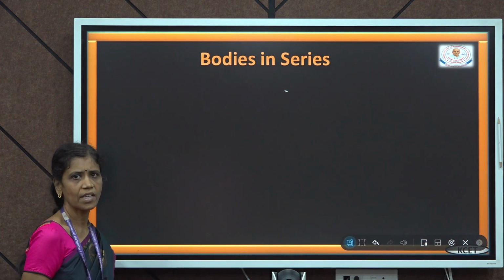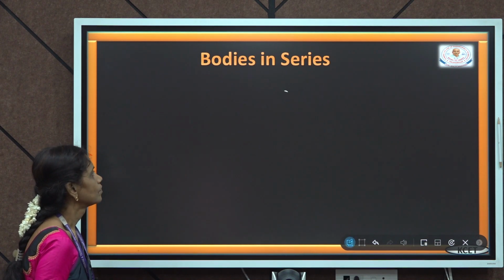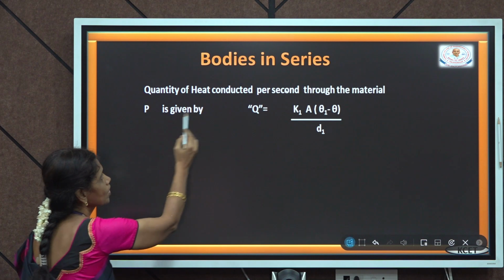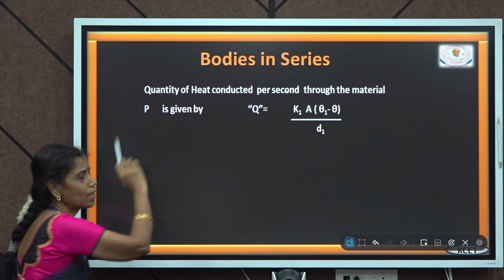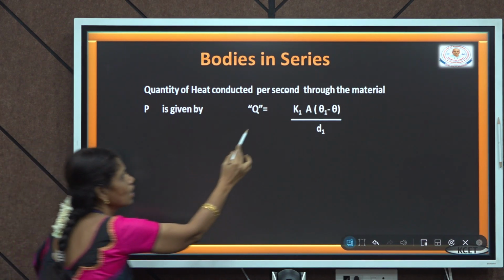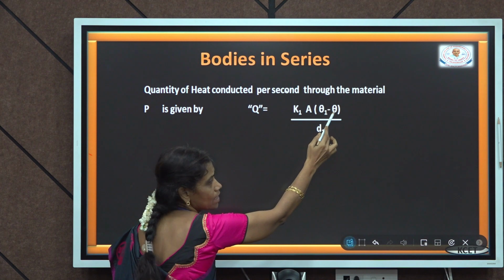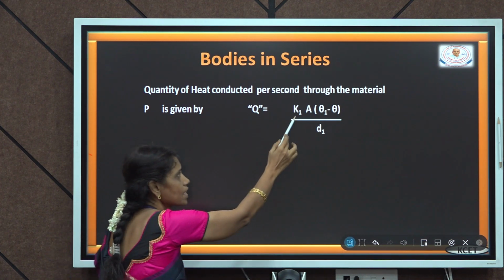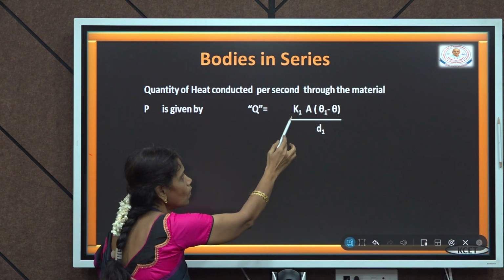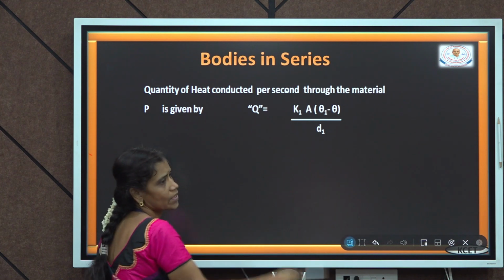The quantity of heat conducted per second through the first material P is given by Q is equal to K1 A (theta 1 minus theta) by D1, where K1 is the thermal conductivity of the material P and A is the area of cross section.